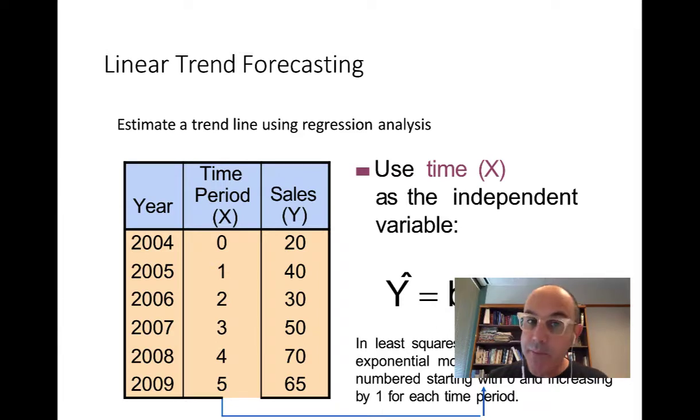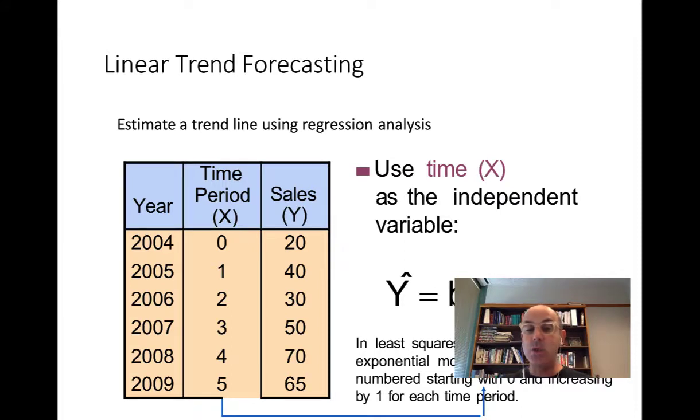In linear trend forecasting, we estimate the trend using regression analysis, using time as the X, and in this case, this is our formula. For the least squares linear, nonlinear, or exponential time series, the number starts with a 0 and increases by 1 for each period of time.